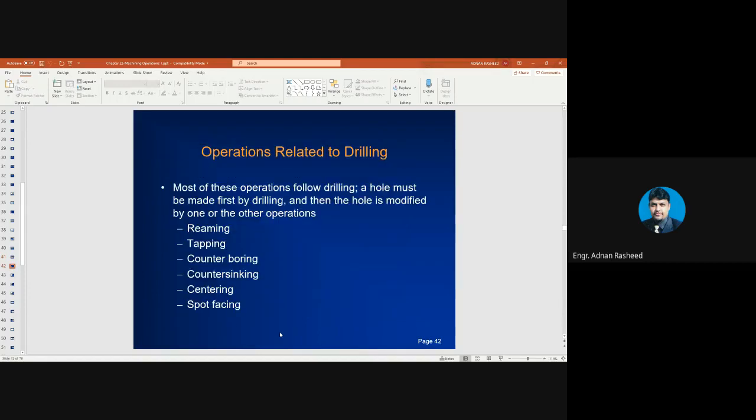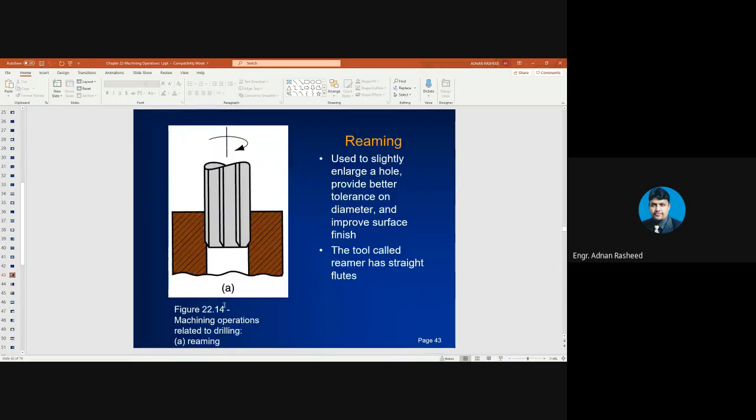Now there are many operations that are related to drilling operation, which are reaming, tapping, counter boring, counter sinking, centering, and spot facing. We will discuss each of them. Now reaming. Reaming is a machining operation that is used to slightly enlarge a hole, or you can say it is used for surface finishing of an existing hole, so that it provides better tolerance on diameter and improves surface finish.